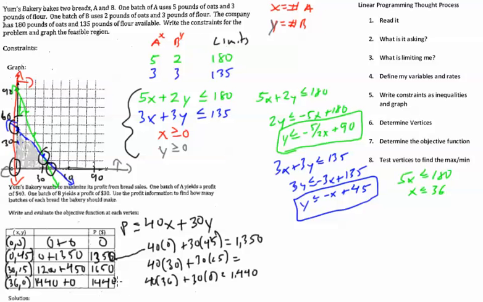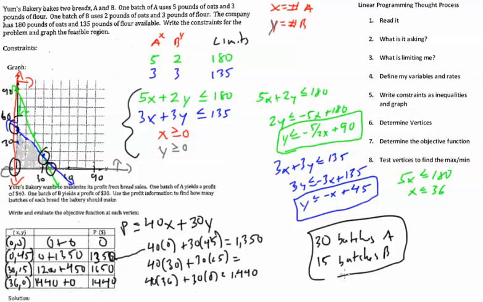Alright, so my best profit comes from if I make 30 batches of bread A and 15 batches of bread B. That will maximize my profit given my constraints. I need to make 30 batches of bread A and 15 batches of bread B, and I will get $1,650 in profit.